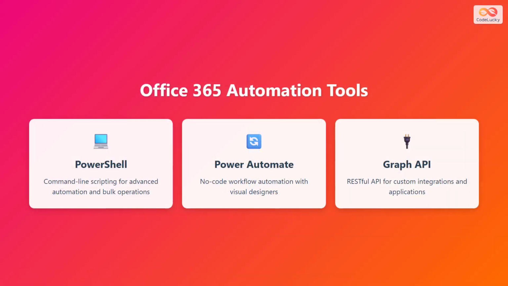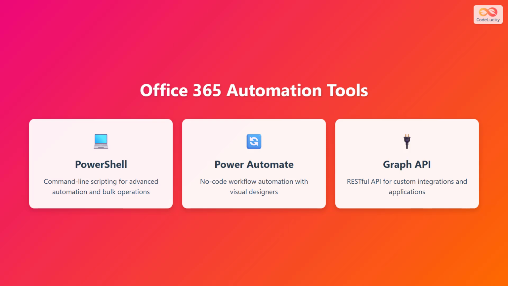Microsoft provides three primary tools for automating Office 365 administration, each with its own strengths and use cases. PowerShell is a command-line scripting environment that excels at advanced automation and bulk operations, giving administrators granular control over their environment. Power Automate offers a no-code approach with visual designers, making it accessible to users who prefer graphical interfaces for building automated workflows.